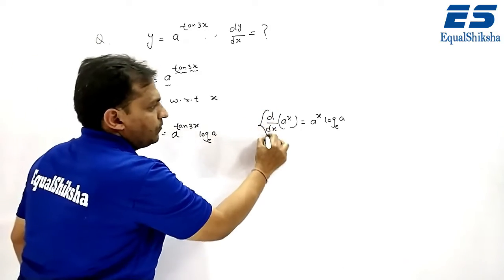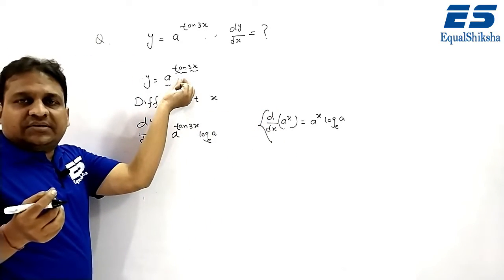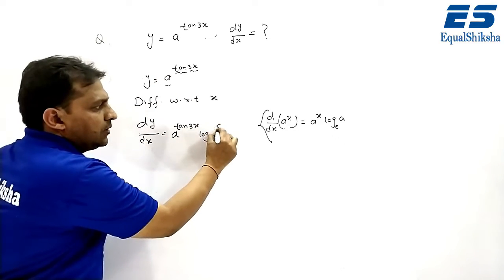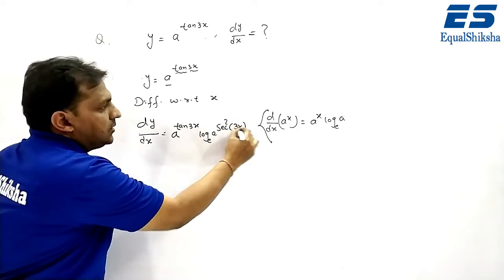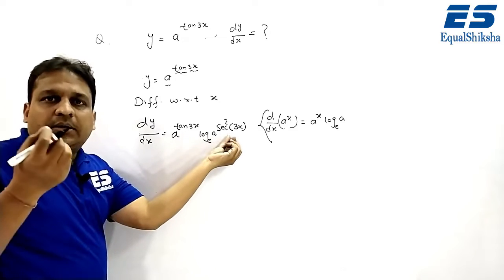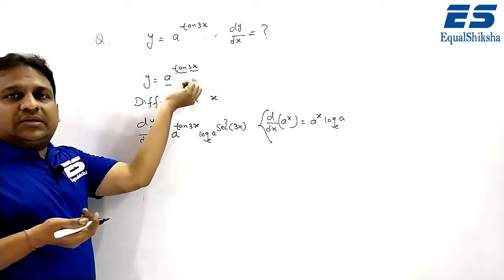Now we will do differentiation of the second function, and the second function is tan, and for tan there will be sec square x, and this 3x will be considered as an x, so there will be sec square 3x. Now we will do differentiation of the third function, and the third function is 3x.